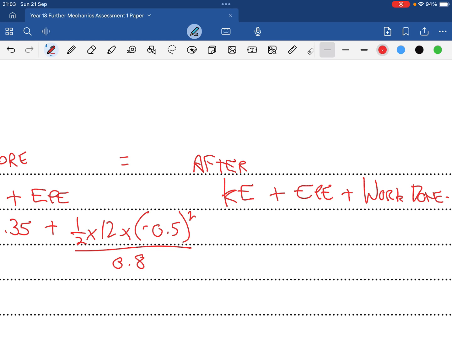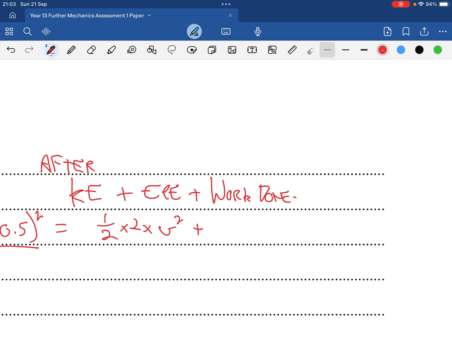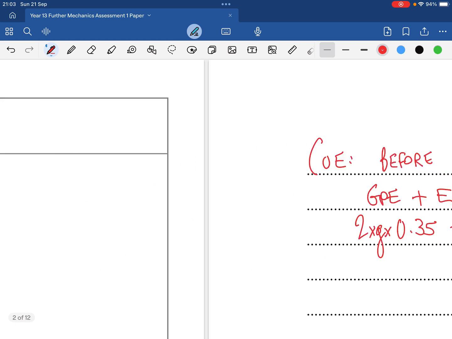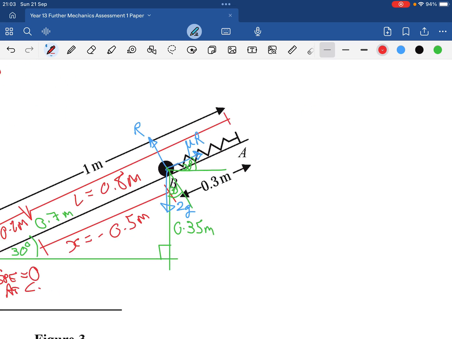Yeah, and that's the work we did against friction as we were moving down the slope. So our kinetic energy is half times m times v squared. Our elastic potential energy is half times lambda, which was 12. x, when we're at C, is 0.2.